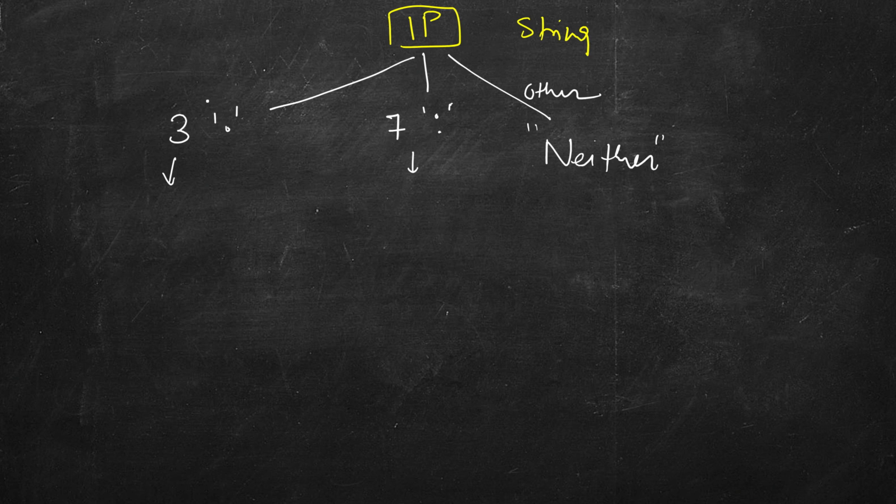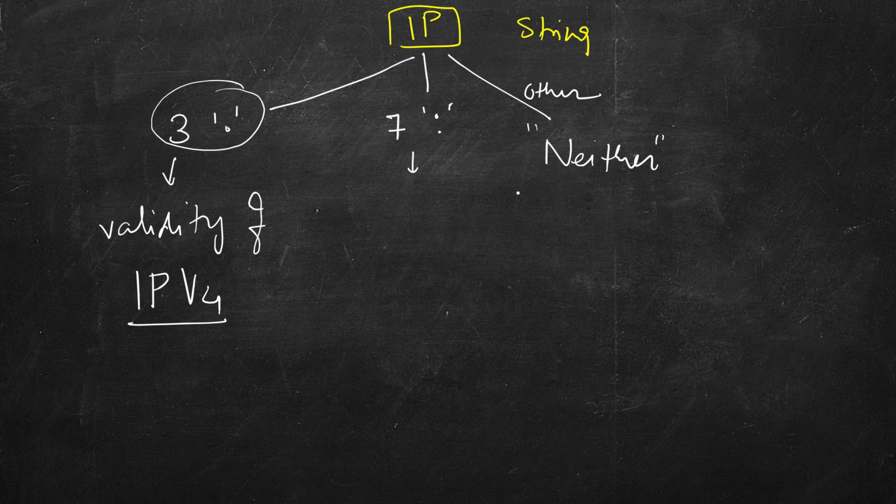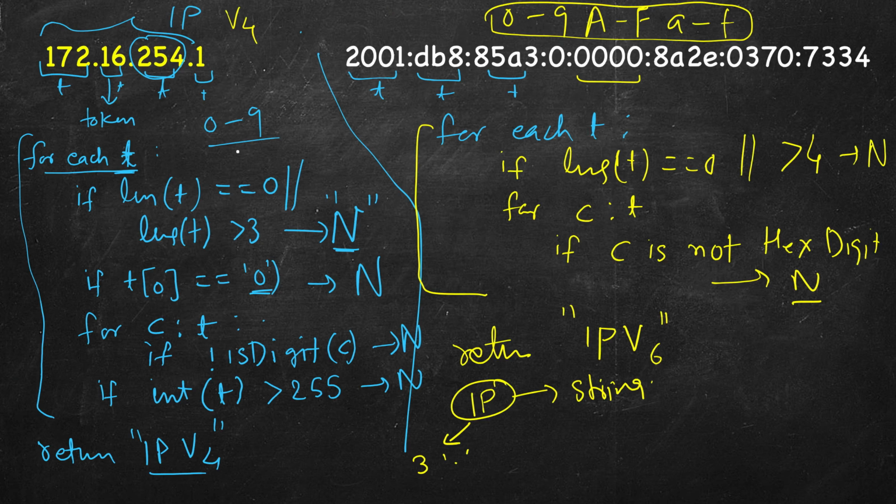So if it's this case, then check the validity of IPv4. If it's this branch, then check the validity of IPv6, which we have already defined the rules.